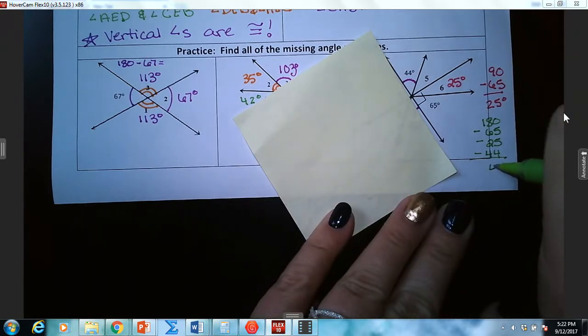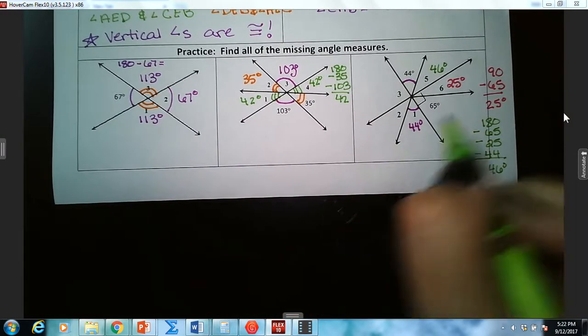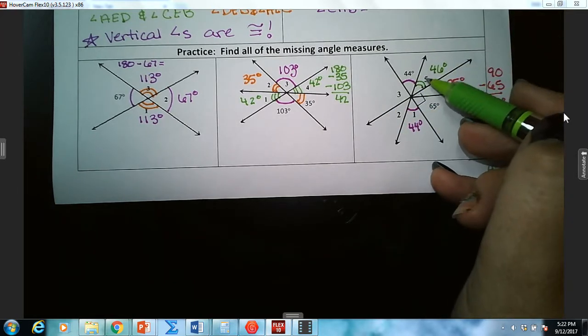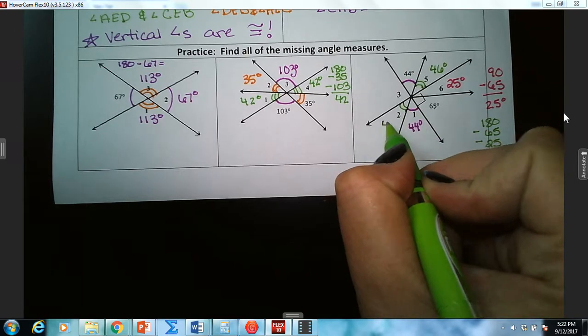So 180, subtract away the 65, 25, and 44 leaves me 46 degrees for angle 5. Which thankfully has a vertical pair. Check that out. Follow straight on through. Angle 2 is its vertical pair.